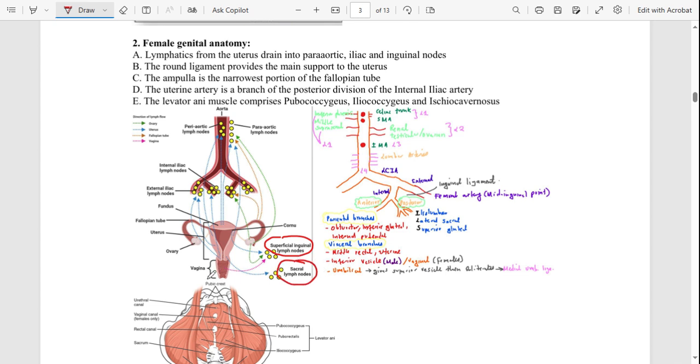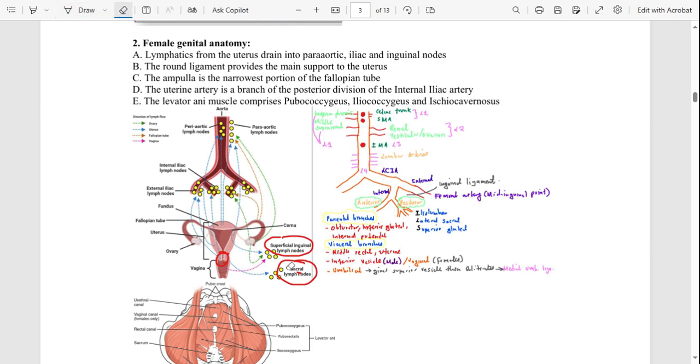Actually, mostly the vagina is going to the superficial inguinal. It is the cervix that is going to the sacral nodes, and besides the sacral nodes, it is also going to the external iliac nodes.